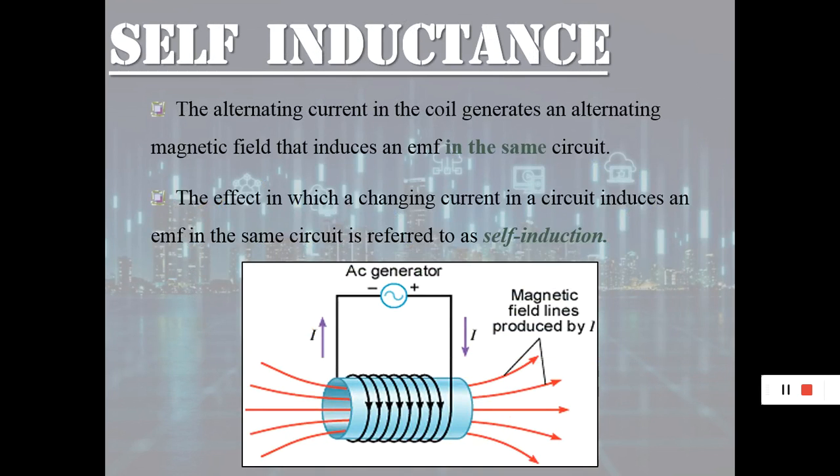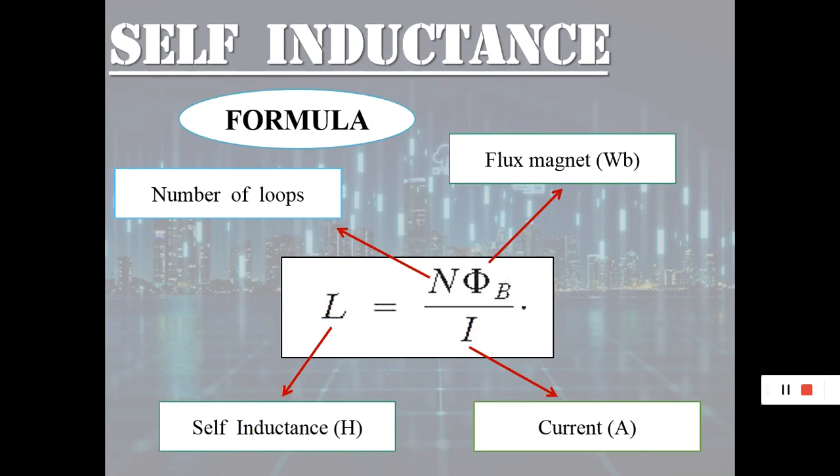That is for mutual inductance. For self inductance, self means individual inductance. We have an AC generator and we have a coil. The magnetic field lines produced by I will produce EMF in the same circuit. So the formula is L = N flux over I. This one is for self.